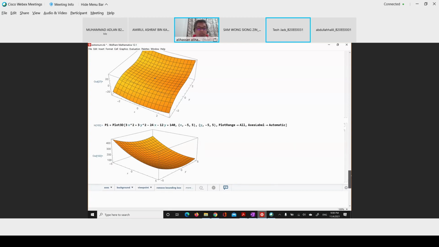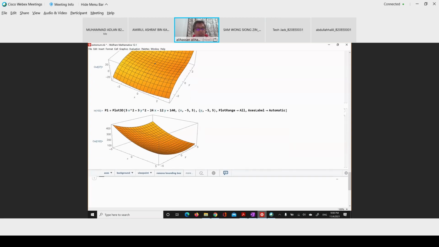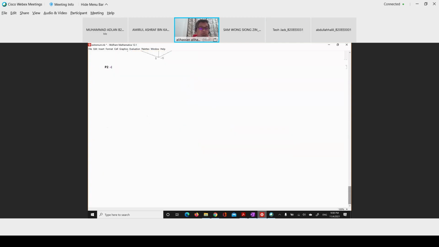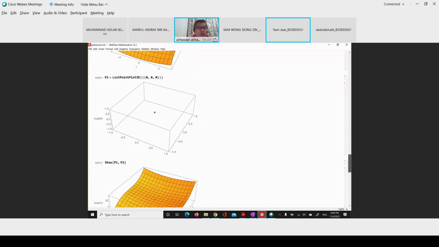Suppose I want to plot exactly the point here just now. P2 equal to (4, 2), and then I need to use this command.